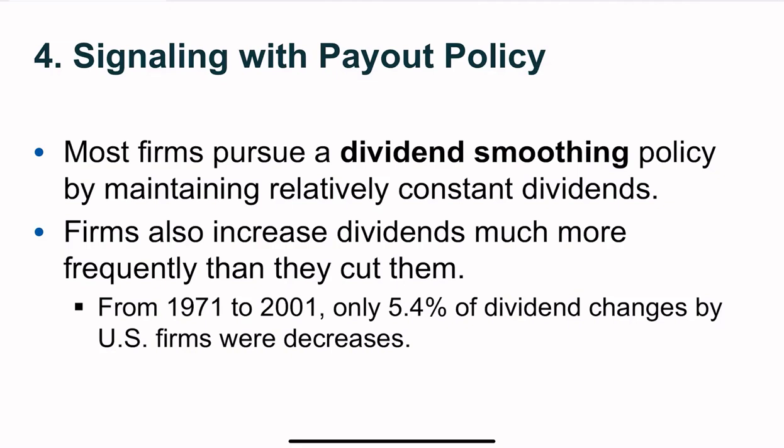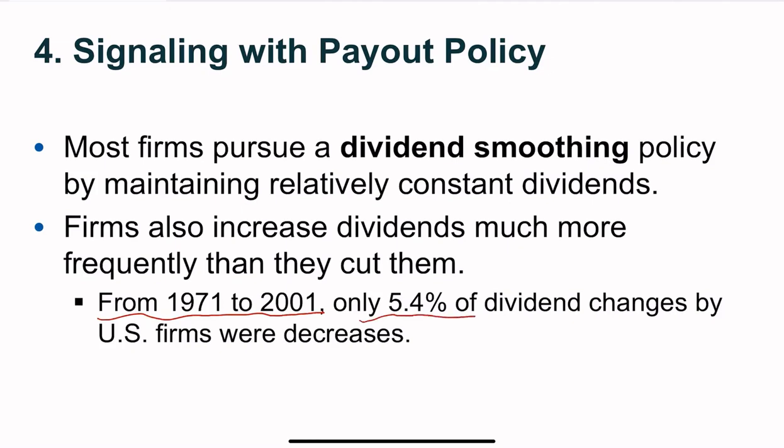So if you look at data from 1971 to 2001, only 5.4% of dividend changes were decreases. That is, a firm generally will just want to increase dividends, and a firm will generally not want to reduce dividend.